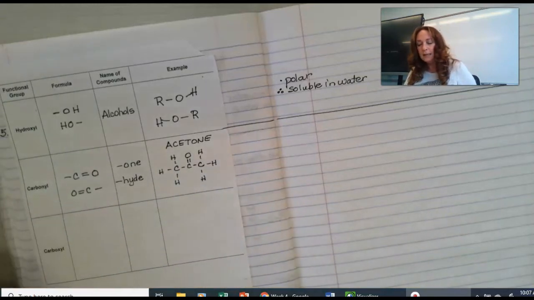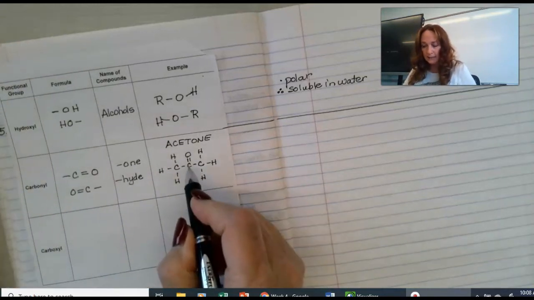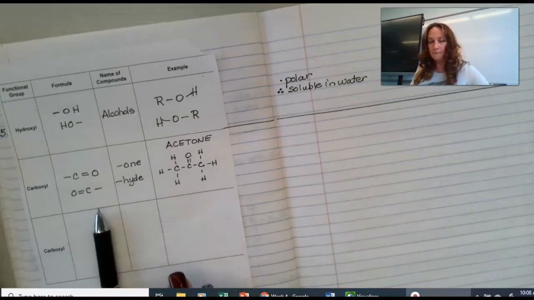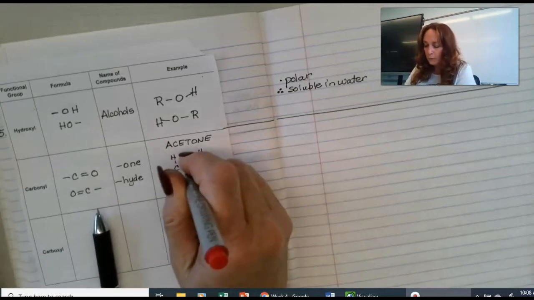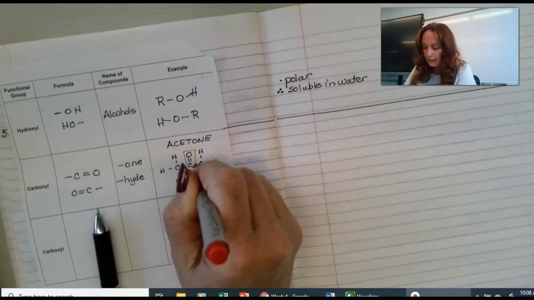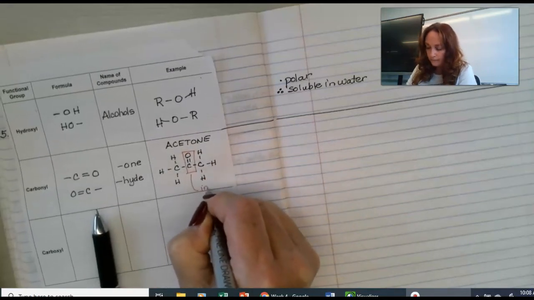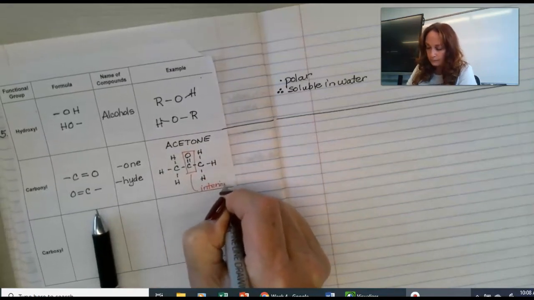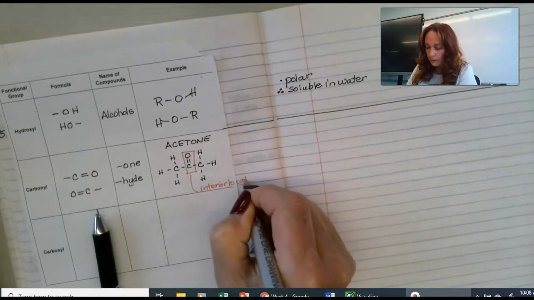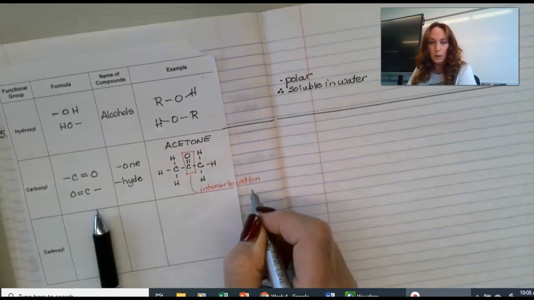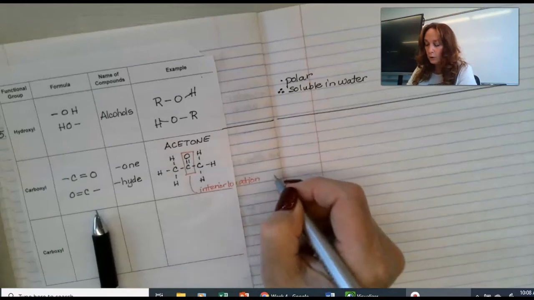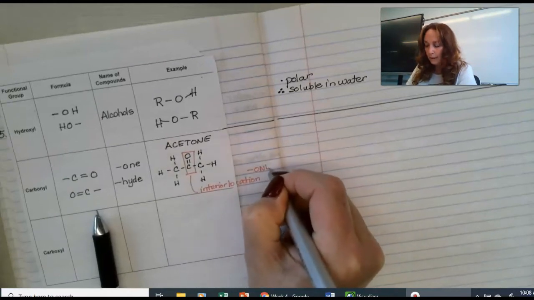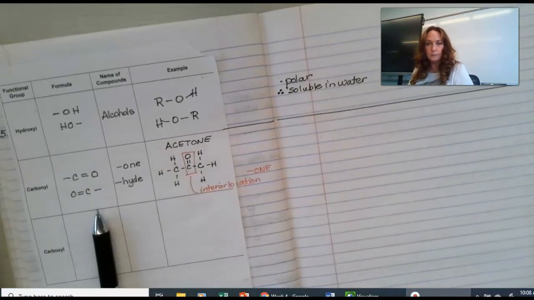So this part of the molecule is going to be nonpolar, and then you added that in the middle. So if it's in the inside, so where am I going to put this? Right here. So if your carbonyl is in the interior location of the actual molecule, then you're going to use -one, acetone.